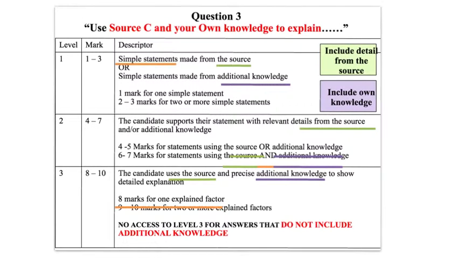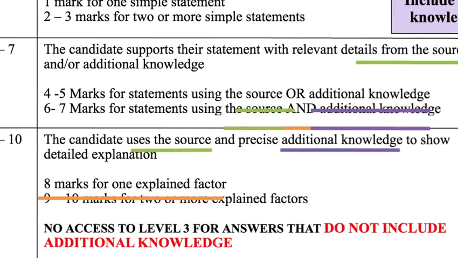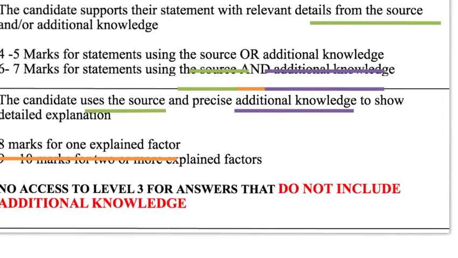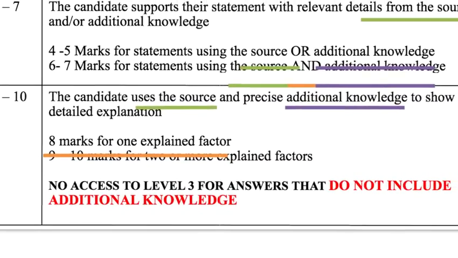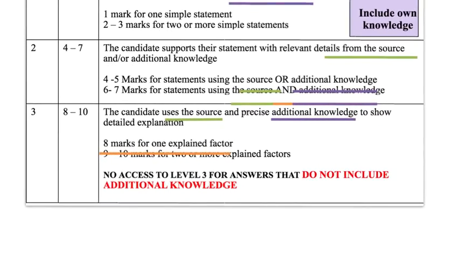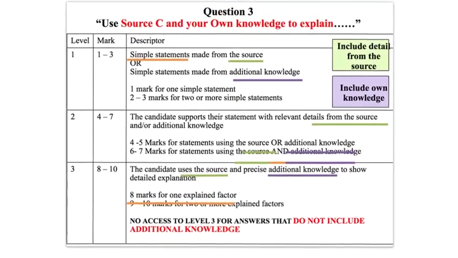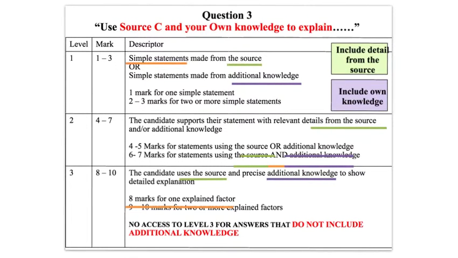You are better off doing 1 detailed statement, evidence, explain paragraph than writing 3 or 4 statements with additional knowledge. You get 9 to 10 marks for 2 or more explained factors. And again, very importantly, there's no access to level 3 for answers that do not include additional knowledge. So by not including additional knowledge, you are limiting yourself to 7 marks.